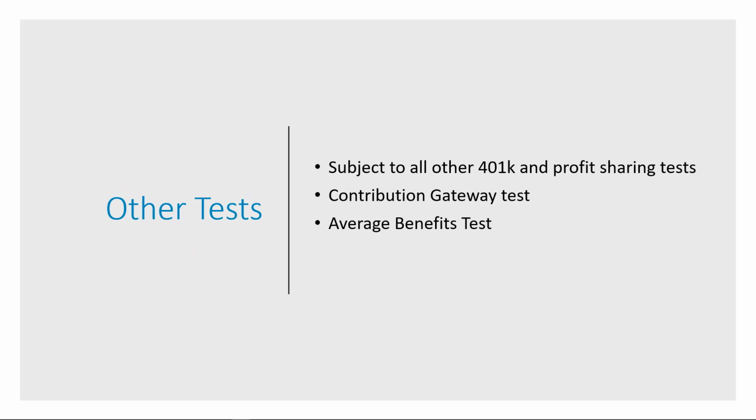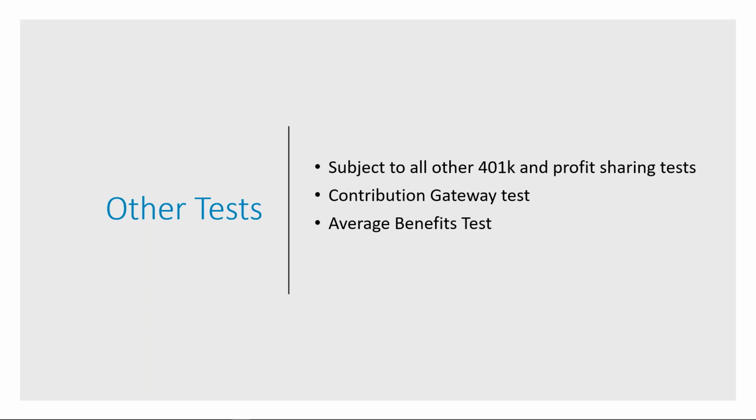Okay, a couple other tests. When you add a profit sharing in, of course, you still have the 401k testing that you have to meet. Now, if you're a safe harbor plan and you make a profit sharing contribution, while some things are still considered safe harbor, it does subject your entire plan to testing.